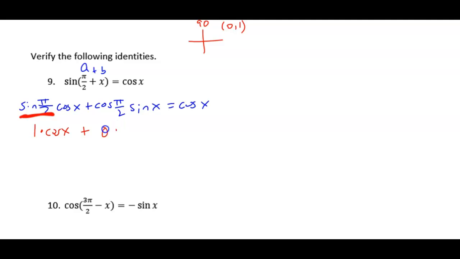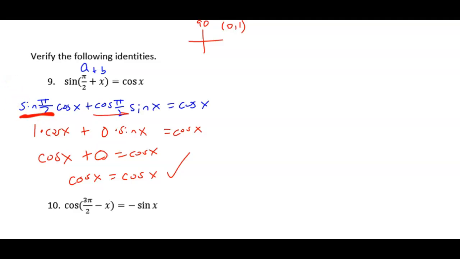So that's 0 times sine of x. This is 0. So now 1 times cosine of x is cosine of x. 0 times sine is 0. So cosine of x plus 0 is cosine of x, which equals cosine of x. So that's verified.